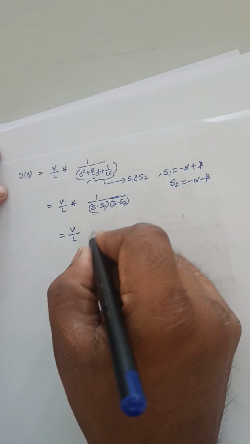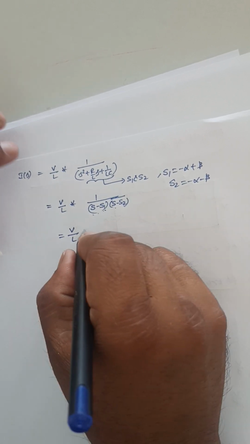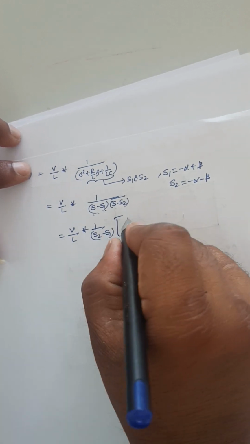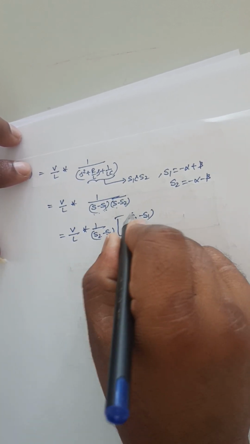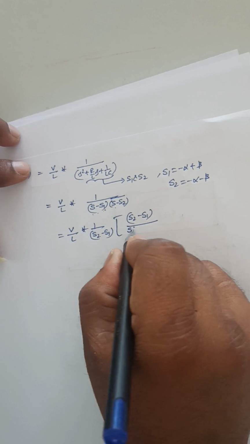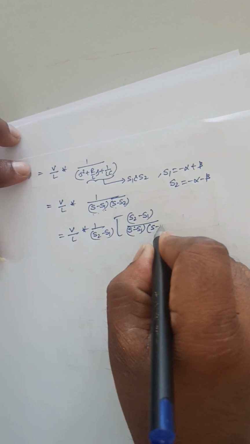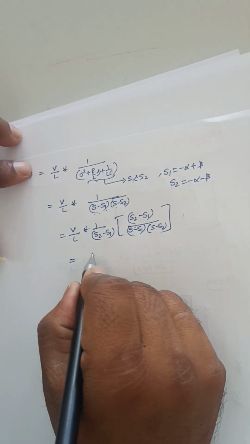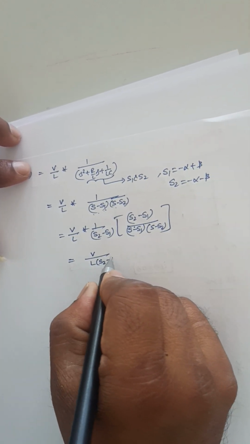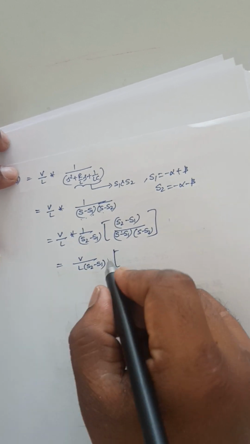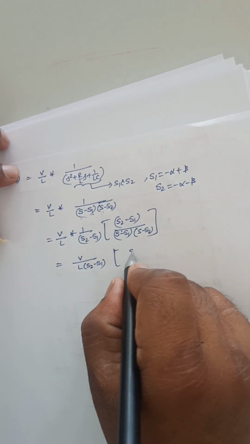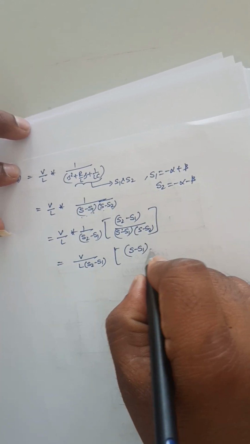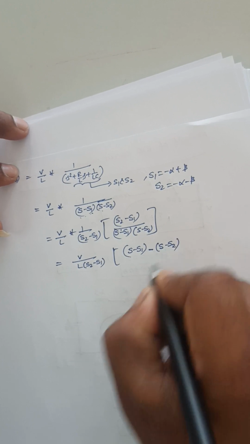So this expression I am writing like this: 1 by (s2 minus s1) into (s2 minus s1) divided by (s minus s1) into (s minus s2). This s2 minus s1 and s2 minus s1 will get cancelled here. So V by L into (s2 minus s1), I can write it as (s minus s1) minus (s minus s2).